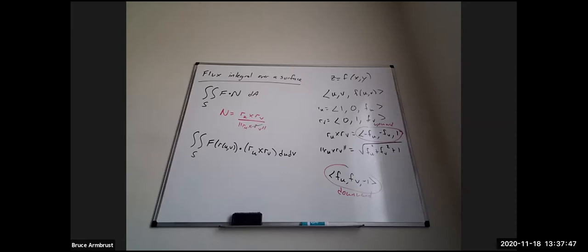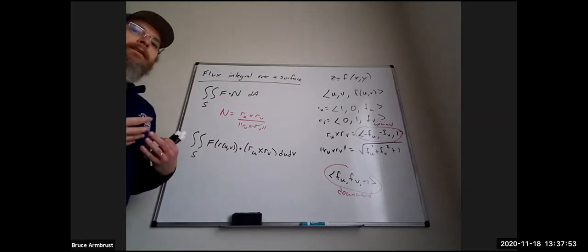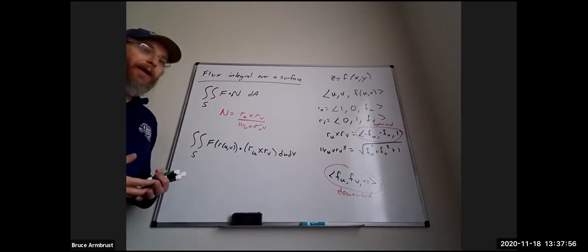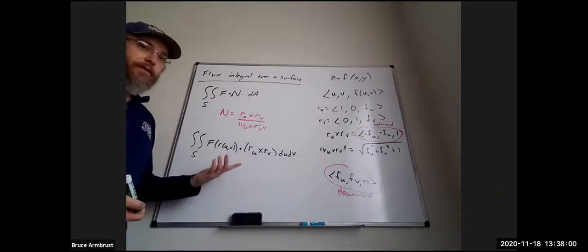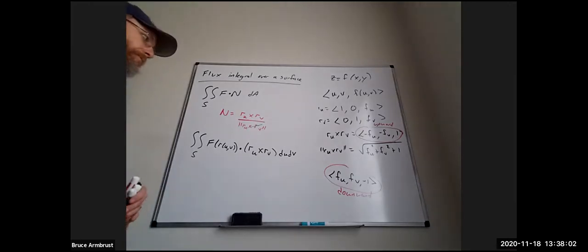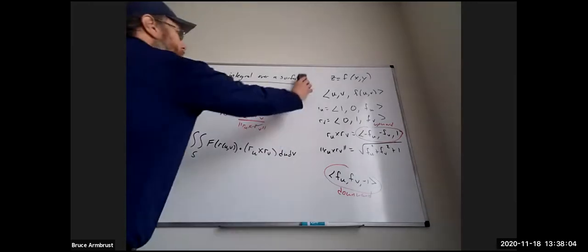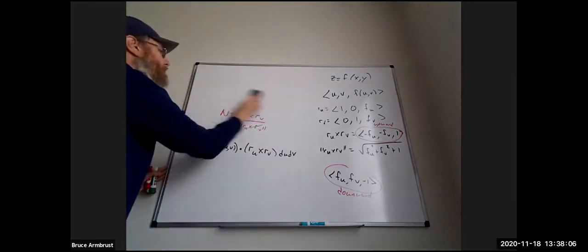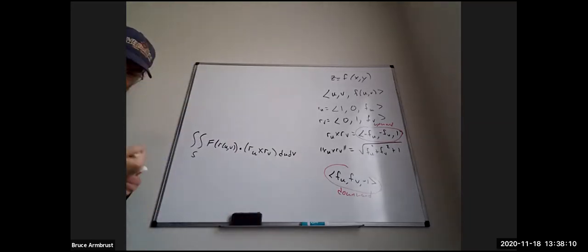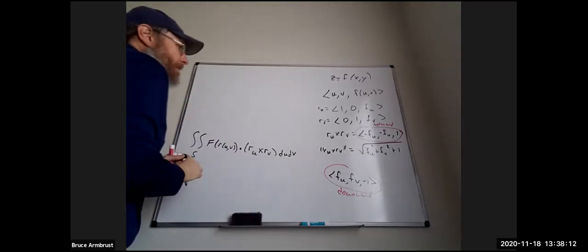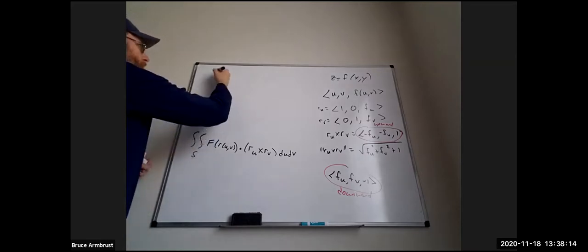So let's actually do one. Let's actually calculate the flux. Let's take a field. Let's take a surface. We'll parameterize the surface, and we'll go ahead and calculate the flux. All right, so how about we go with this guy?